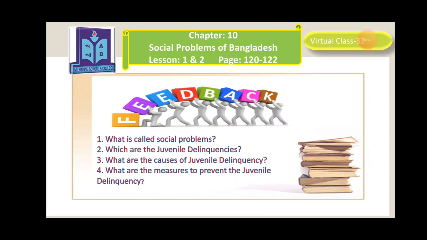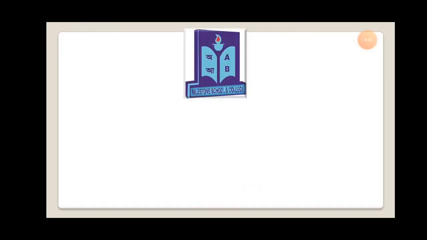These are the consciousness and responsibility of the guardians, number 1. Then number 2, that is socio-economic programs. Number 3, educational opportunities. Then recreation. And also, if we are sincere about their regular activities and they do not get the chance to involve with bad company, then they can be free from delinquencies.